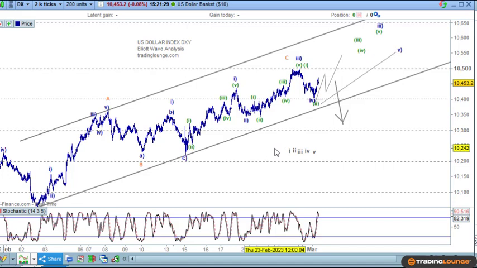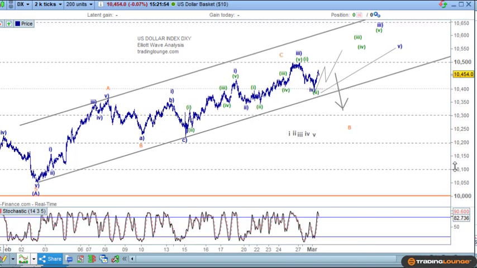Now, just to make things more complicated, we could have it as a B wave over here and an A wave and a C wave up over here. So there are a few possibilities that can play out with all of this. I'm just pointing them out, and that's the idea of the videos, not to set things in stone.